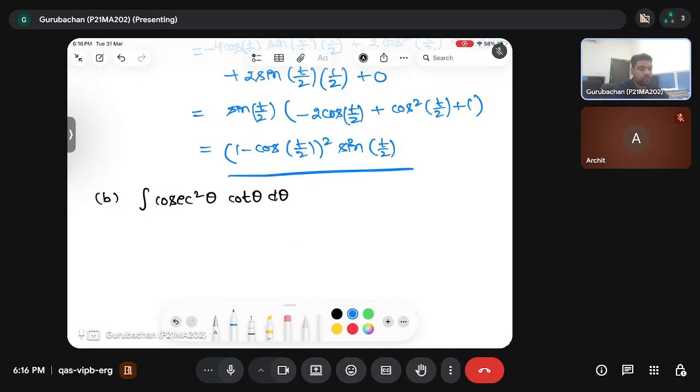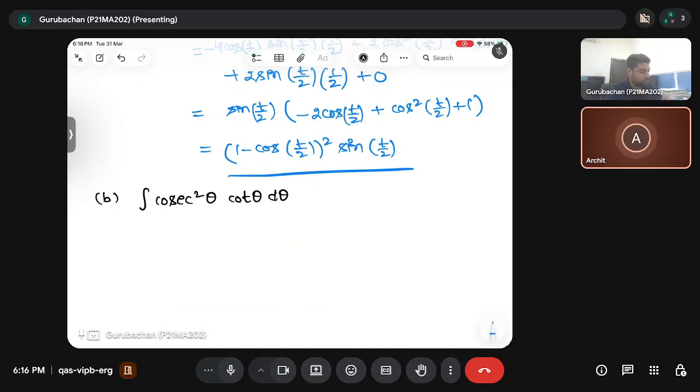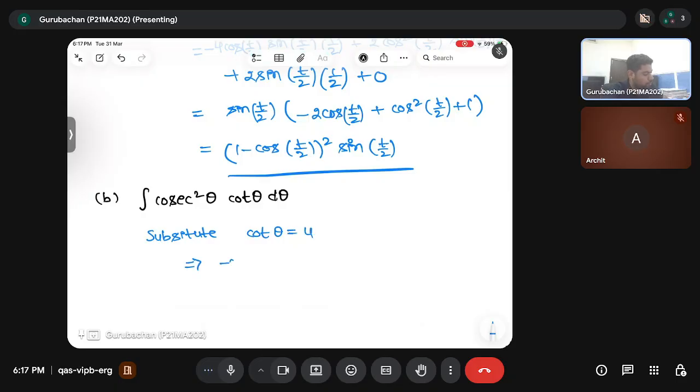Any idea what we have to substitute? Sir, we can substitute cot theta as u. Okay, substitute cot theta as u. So that means minus cosec square theta d theta will be du.